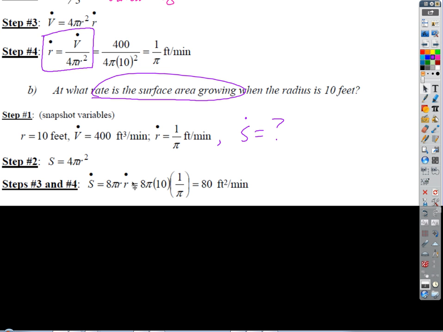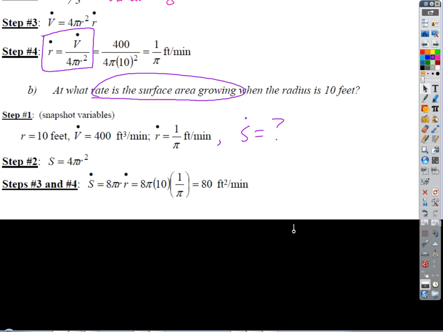So 2 times 4 pi is 8 pi, and there's my r dot. And we're trying to find S dot. So it's already solved for the quantity we're looking for. So I can just directly plug and chug them, right? So we can really combine step 4 here. If I plug in 10 for r and 1 over pi for r dot, I get 80 pi over pi, which is just 80.